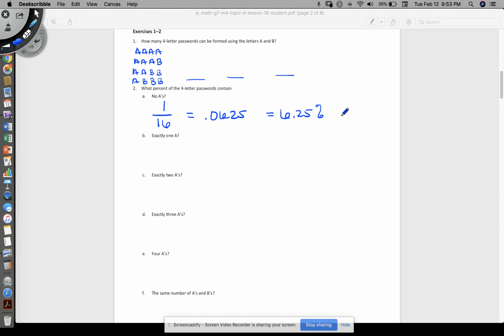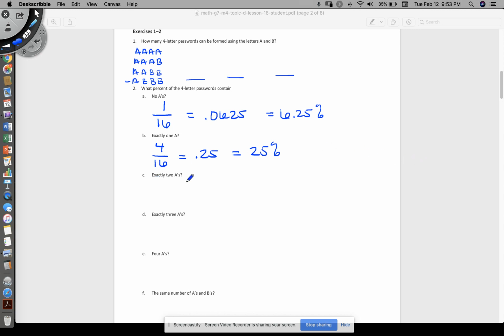What is the combination for having just one A? So right away, these are all eliminated, but I could have checked that one. So check all the ones that have just one A. You should have 4, 4 out of the 16. If you divide that, you get 0.25, which is going to give you 25%.